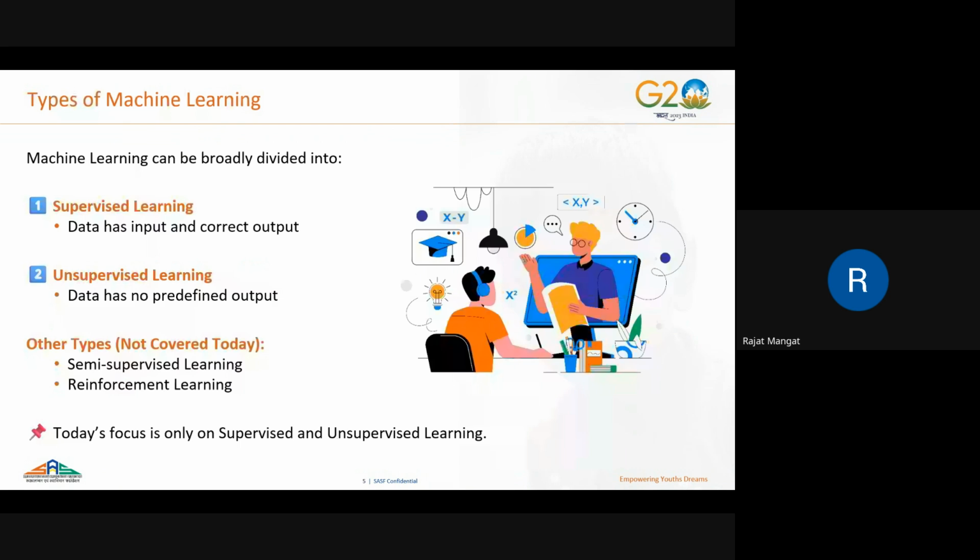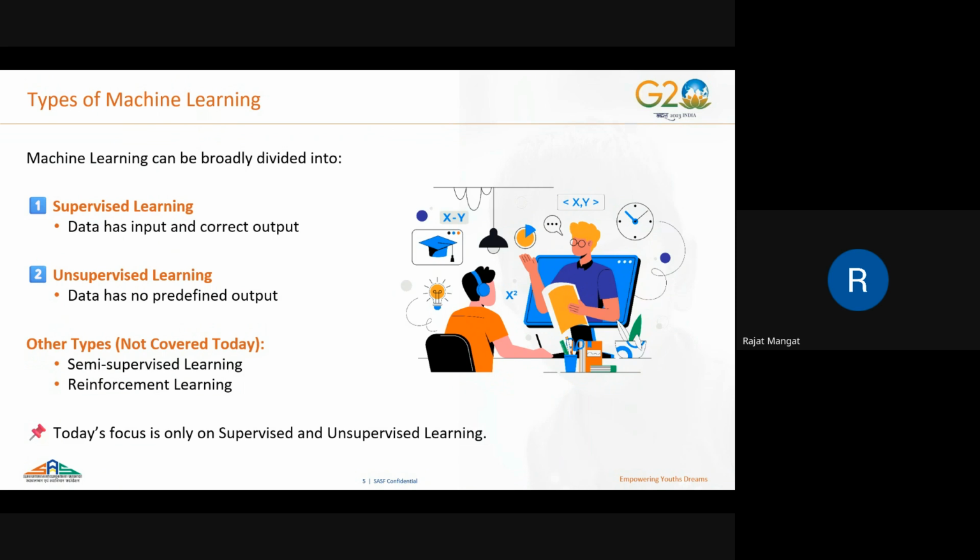So there are many types of machine learning, but broadly it is categorized under these two only. There are different algorithms, like reinforcement learning, linear regression, and many others, but all those are basically categorized under these two: supervised learning and unsupervised learning.